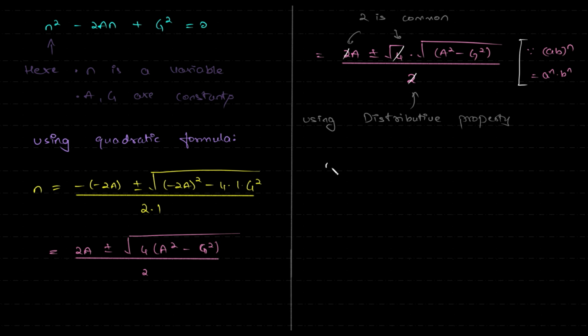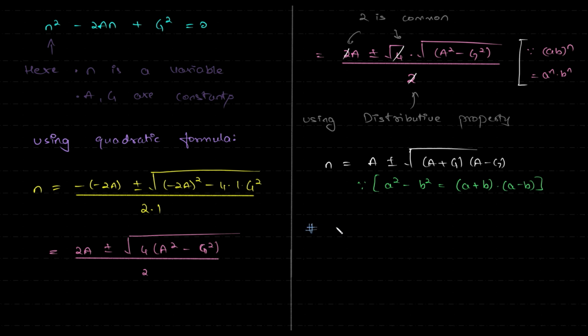And finally, we have N equal to A plus or minus square root of (A plus G) into (A minus G). How is that possible? Well, we are making use of the a square minus b square formula, which is (a plus b) into (a minus b). Closing the brackets.